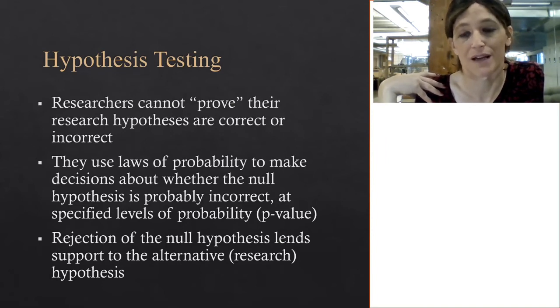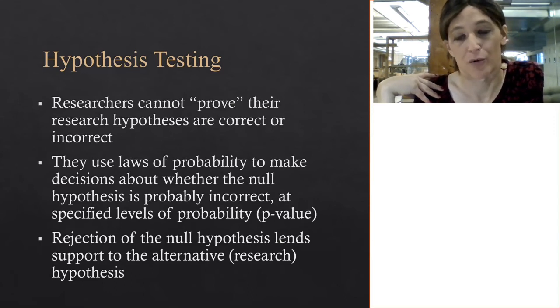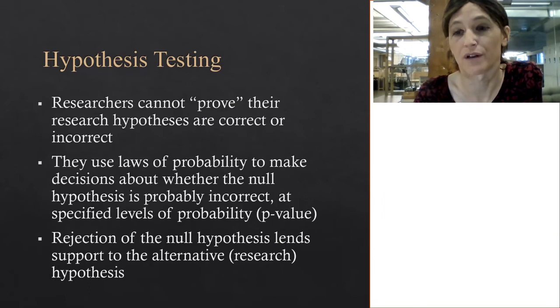Okay, so when we say that something is statistically significant, p less than 0.05, what we're saying is that there is sufficient evidence to suggest that the null hypothesis of no difference is unlikely to be true. So rejection of the null hypothesis lends support to the alternative hypothesis, which is what we're actually interested in finding.